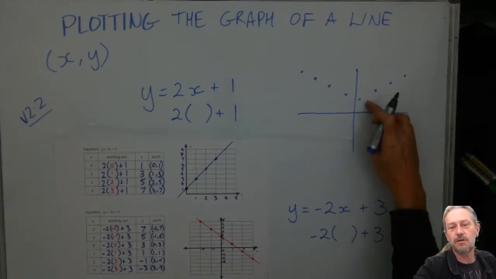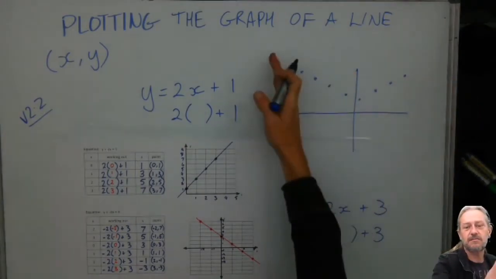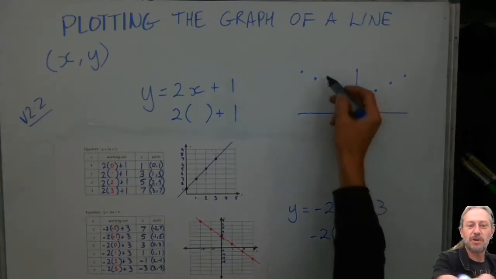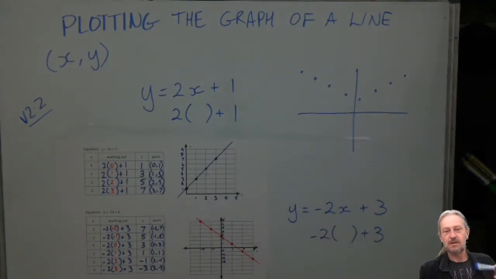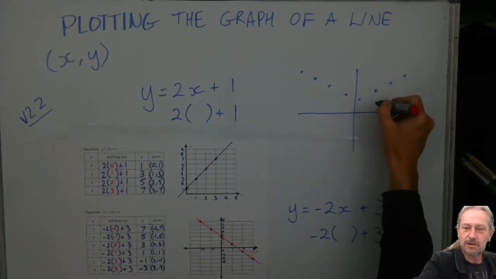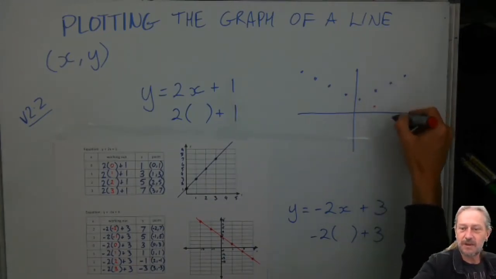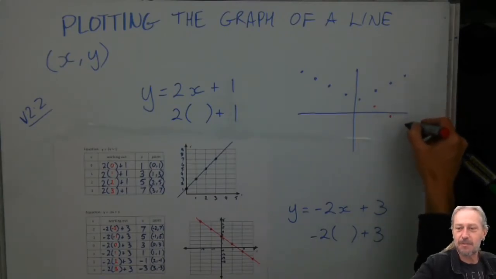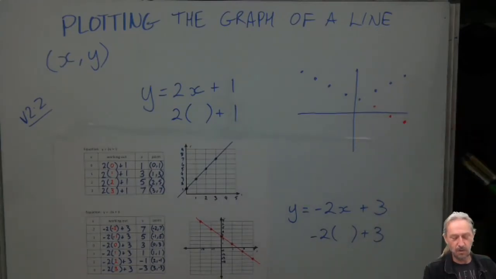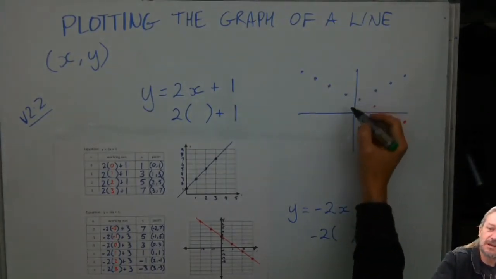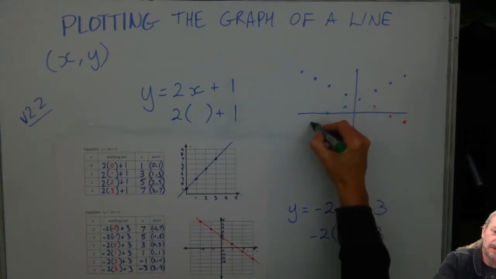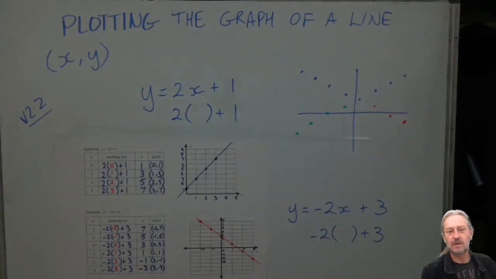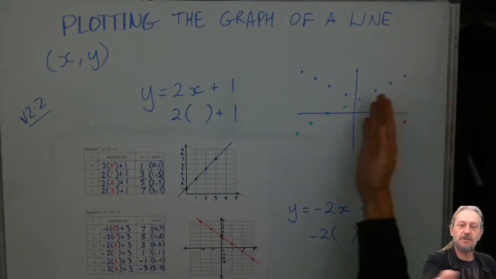So if you plot either side of the axes and the points aren't falling on a line, maybe this one should be down here, and that one maybe should be down there, or it could be a situation where these ones need to come down here this way.